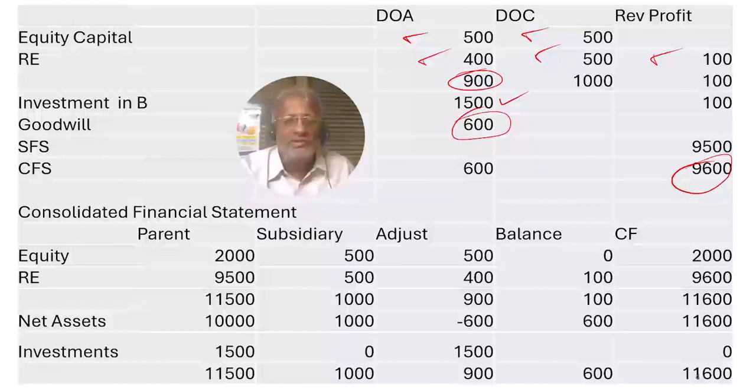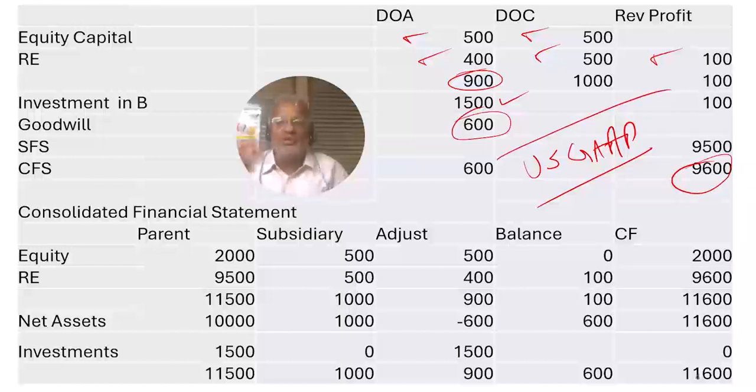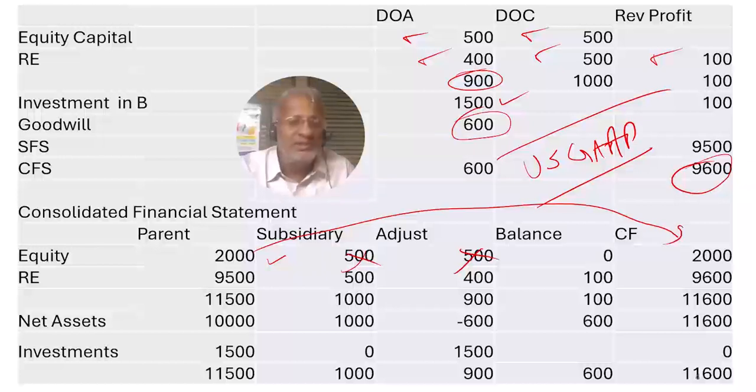So this is what you have, and how this 9600 had just come, and how in consolidation it will be reported. This sort of preparation is normally seen in the case of US GAAP sort of problems. In the Indian scenario, we used to have it in working notes only. But let's see how it can be taken up. Equity of the parent and the subsidiary's equity automatically get eliminated, and this 200,000 is taken up there.